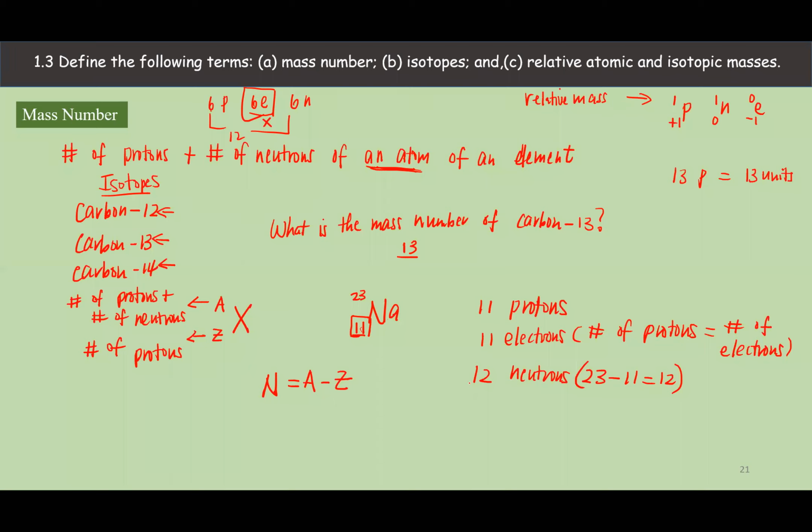And to find the number of neutrons, it is the top number subtract the bottom number. 23 subtract 11 is 12 neutrons. Now, if we have to write this atom here as Na, is it Na11 or is it Na23? What do you guys think?